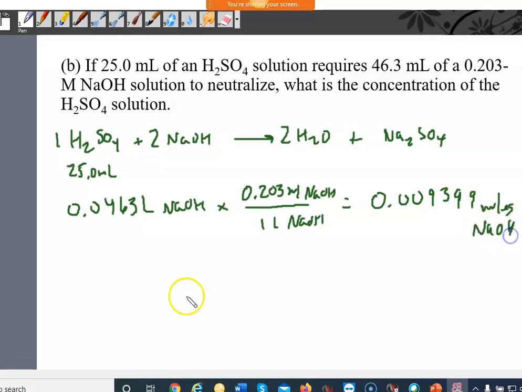In our last example, it was a 1-to-1 ratio, so I didn't worry about it. But when you have something like this, where it's not a 1-to-1, you do have to worry about it. So now I do my mole-to-mole conversion.